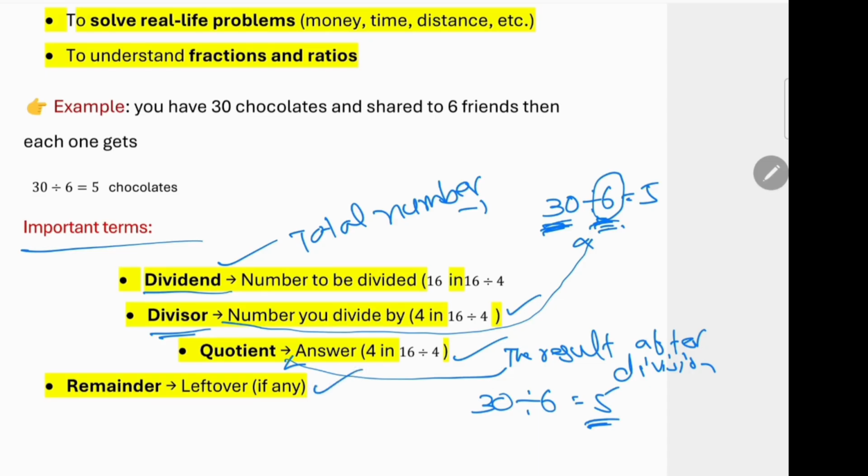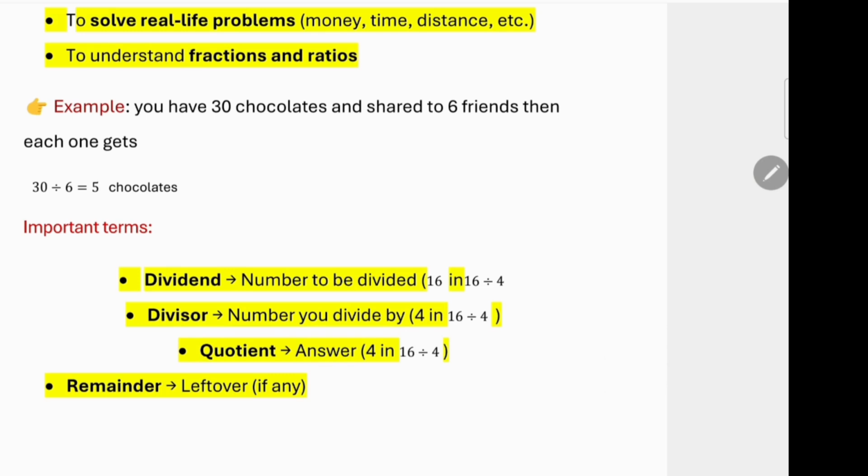And the last one, remainder. It's also called leftover, the number left after division. For example, 23 divided by 7. Here 7 3s are 21.